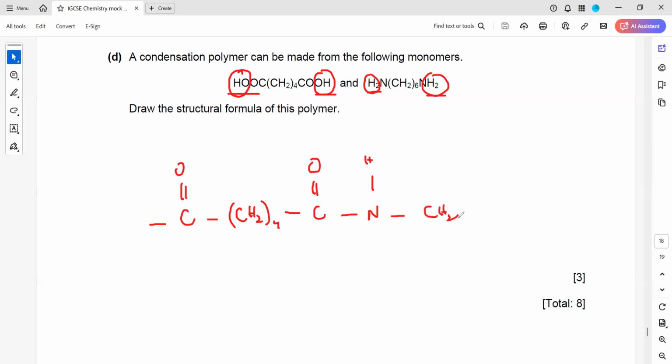Then CH2 in a bracket 6, and then NH. So amines always lose an H and the carboxylic acid will lose its OH. That is how condensation polymers are formed.